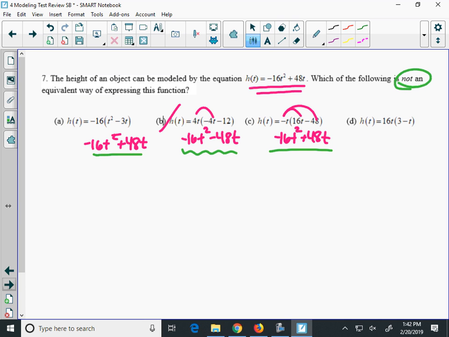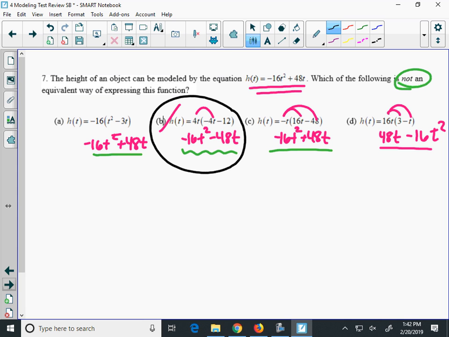We're equivalent here. And then the last question would give me positive 48t minus 16t squared. Again, that's equivalent. So the only one that is not the same would be option B, which is the solution you want to choose.